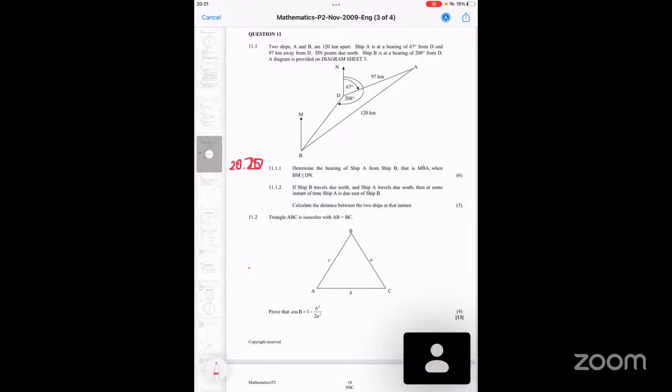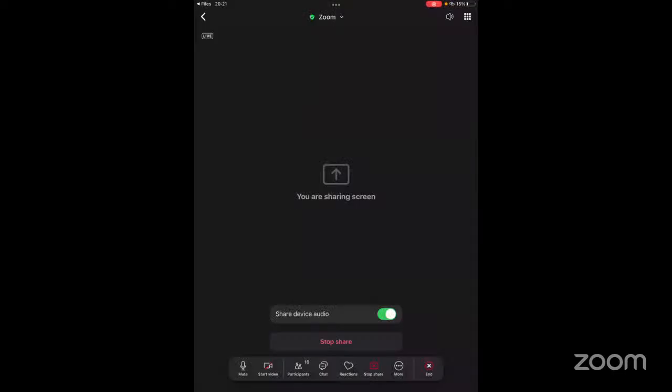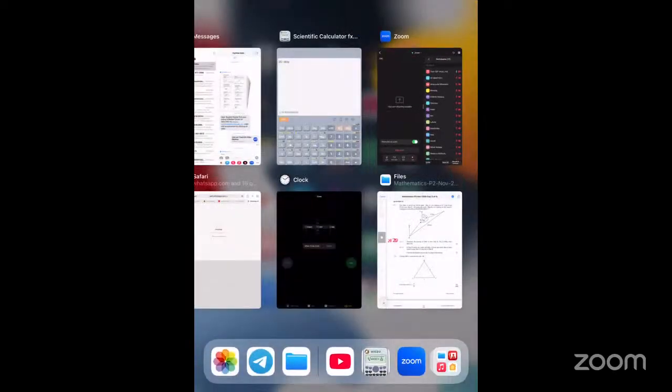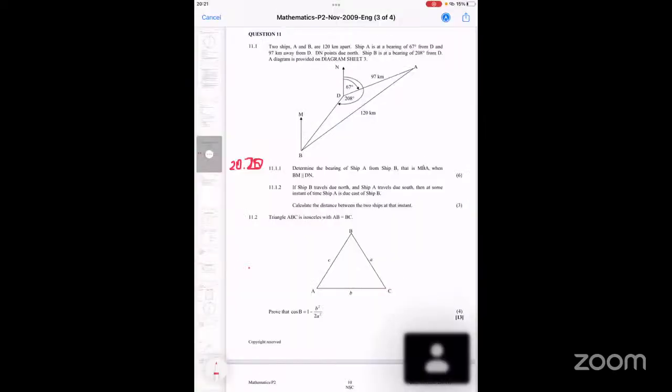Because something that you need to realize, this is an exam question paper, so you might not fully be at that level, but we will do it up to the level that you are. Guys, anyone who wants to do it with me, who says I completely do not know where to start?